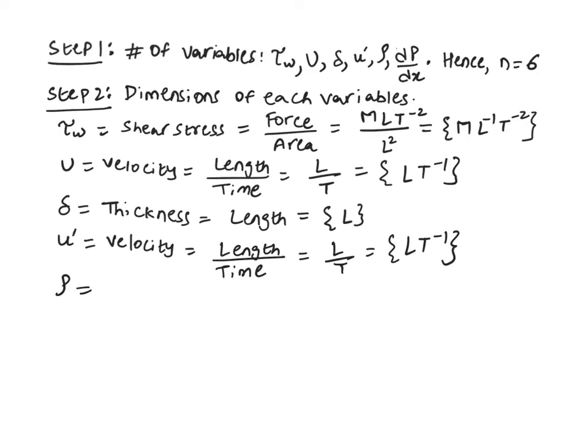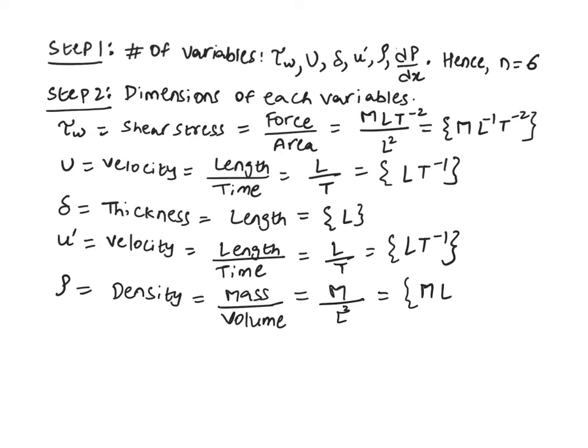Rho indicates density, and density is mass upon volume. Mass is indicated by dimension m, and volume is indicated by L cube. So this is nothing but m L power minus 3.